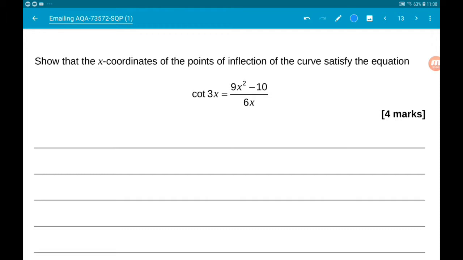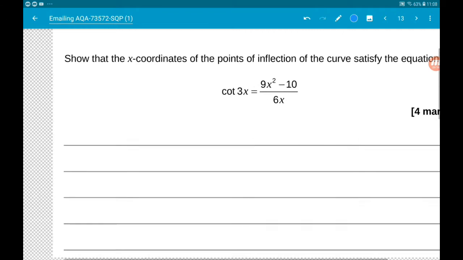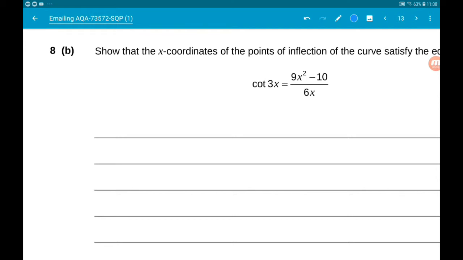Okay, then for part B, we want to show that the x-coordinates of the points of inflection satisfy the equation cot of 3x is equal to 9x squared minus 10 over 6x. So at points of inflection, the rate of change of the gradient is 0. So that means d squared y by dx squared is equal to 0.